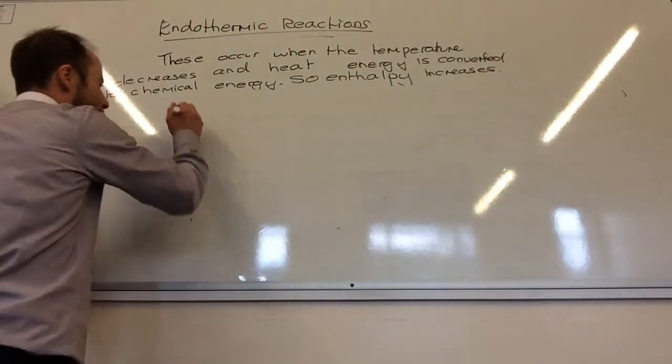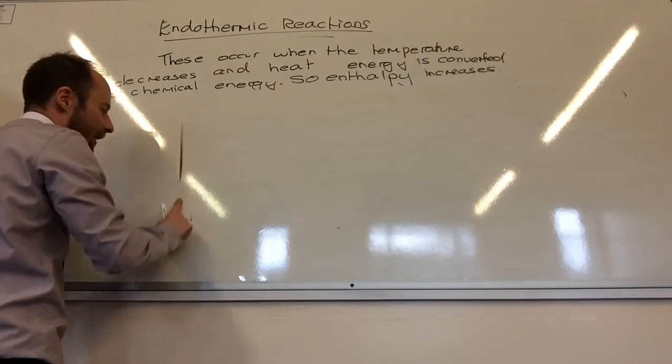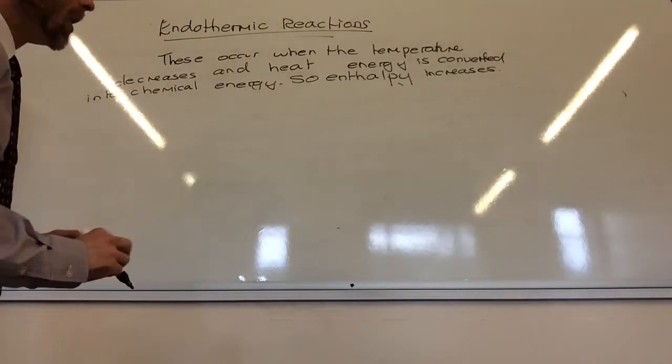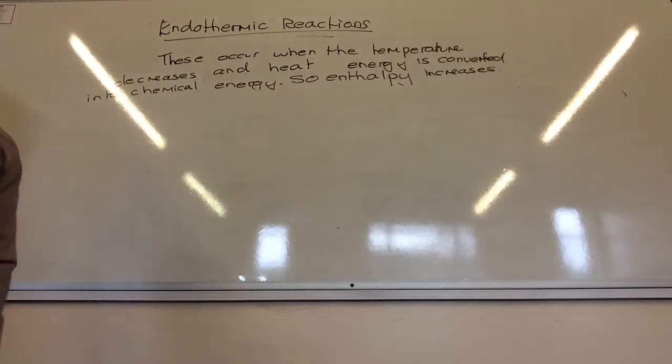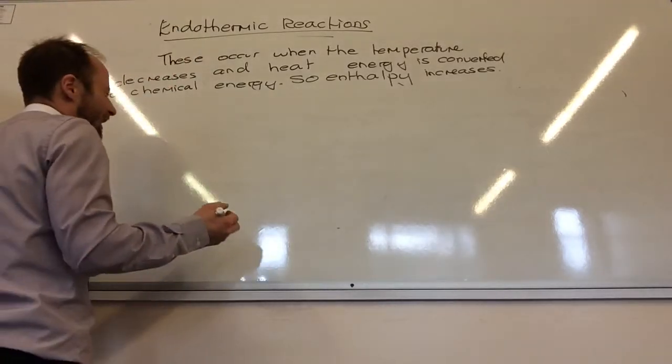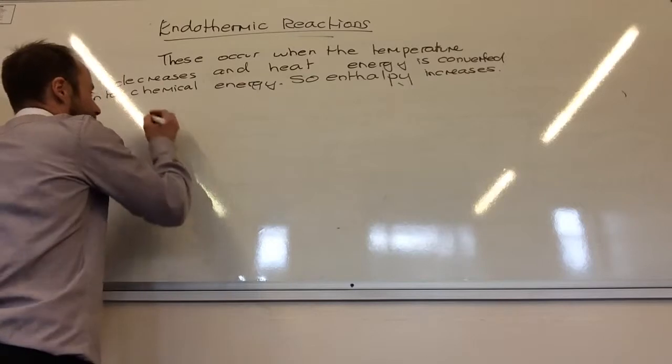So we'll do an enthalpy profile. I'll tell you what, let's do an example first. Let's be consistent. Sometimes they ask you to do an example, and it stumps people with endothermic reactions. One is going to be the thermal decomposition of a metal carbonate. Probably one of the easiest ones to remember is actually photosynthesis.